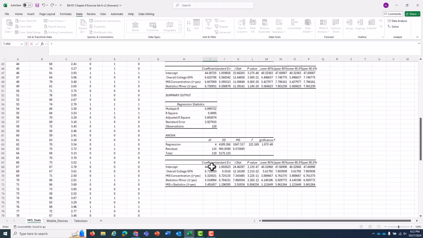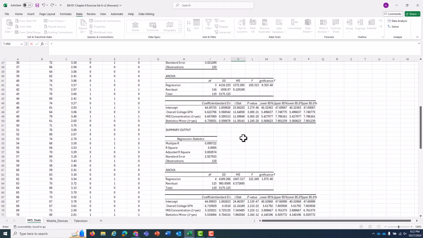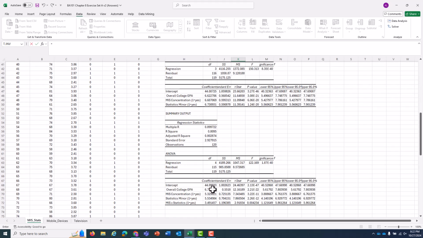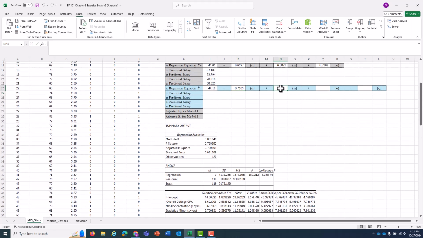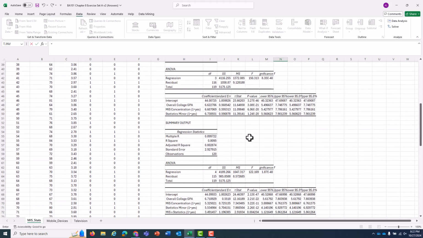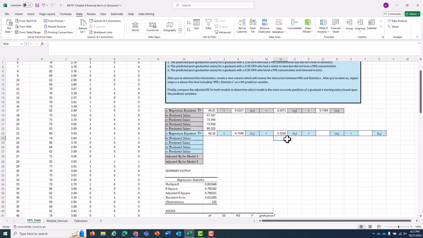I'm going to grab my intercept as my constant. So rounded off, I'll come to 44.10. My coefficient that I've got for the overall GPA is 6.7109 rounded off. The coefficient that I have for my X2, which in this case is my MIS concentration, is now fallen to 5.325 rounded off.